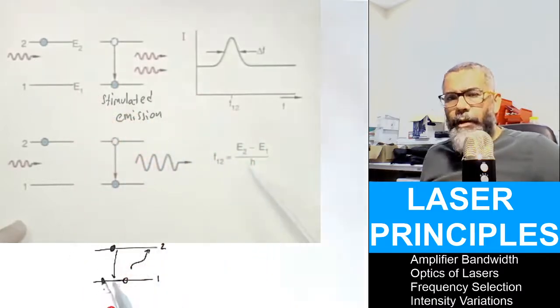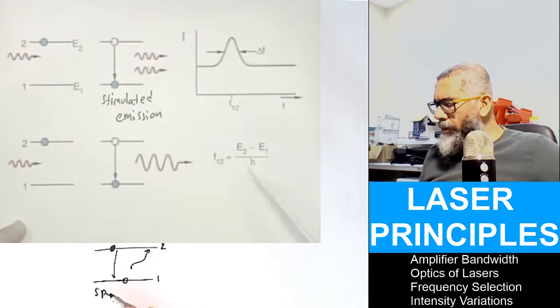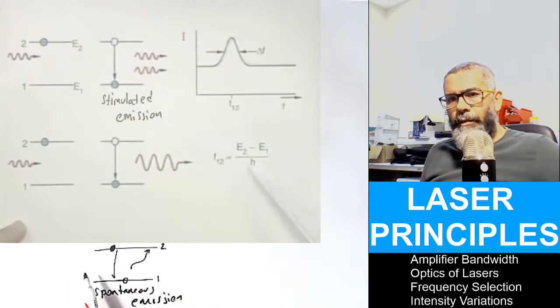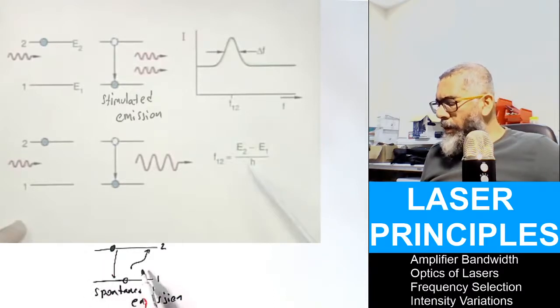But the other case is spontaneous emission. In spontaneous emission, there is no exciting photon. There is no surrounding photon of the same frequency, no resonant photon. In that case, the produced photon will go in any random direction.